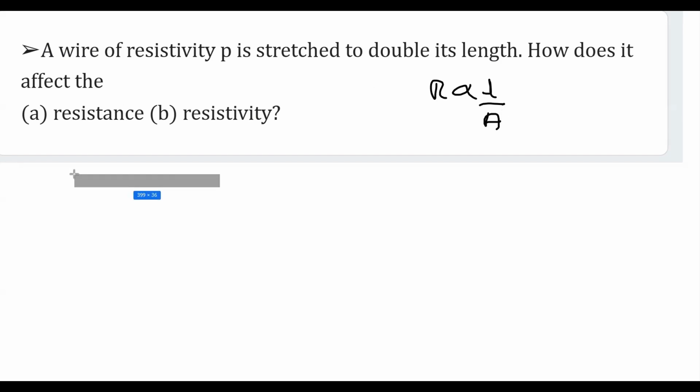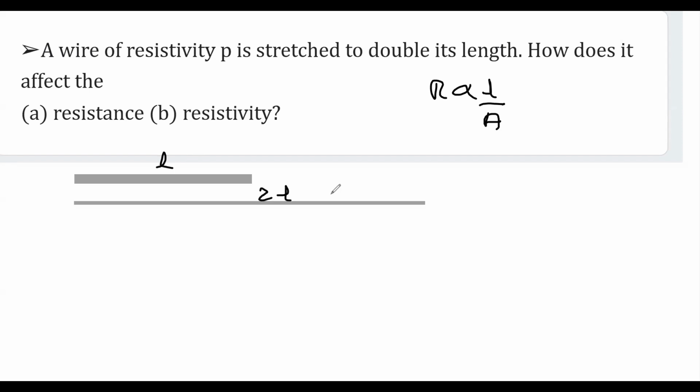So let's say I took a wire, right? This was the original wire, and this is the same wire, and now I'm stretching it to double its length. As you are observing, as I stretch its length to double, its cross-section area decreases. That means if this wire has length L, the new wire's length is 2L, right?